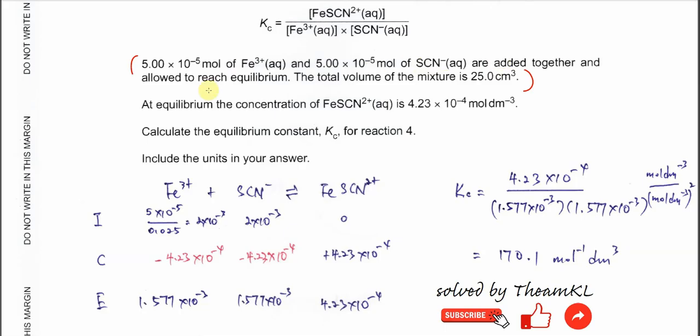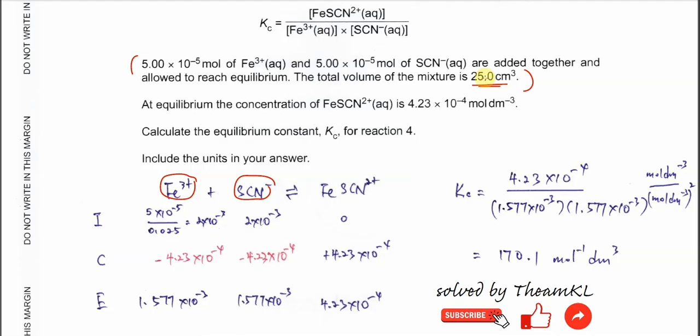It means initially it just involved the iron 3 and the anion, and the product is not yet formed, 0 concentration. And this one is very important information for the concentration. The total volume of the mixture is 25 cm cube.